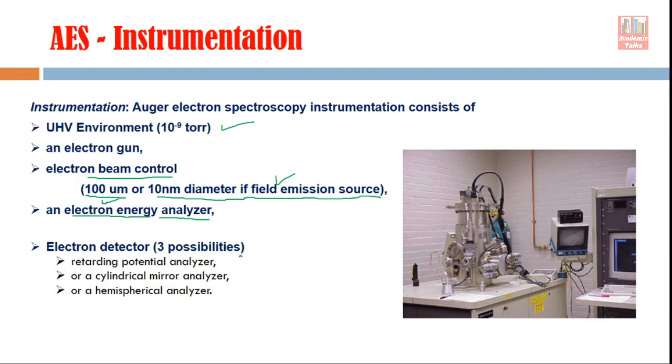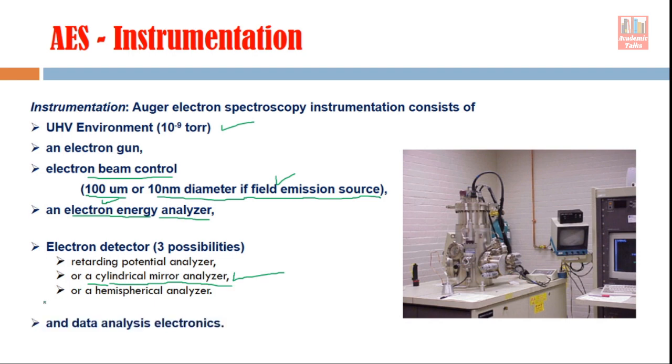For detection of Auger electrons we have three different possibilities. The retarding potential analyzer can be used, a cylindrical mirror analyzer can be used, or a hemispherical analyzer can be used. In today's lecture we will see the working of the cylindrical mirror analyzer, because that is a very popular analyzer used in the detection of electrons in Auger electron spectroscopy.